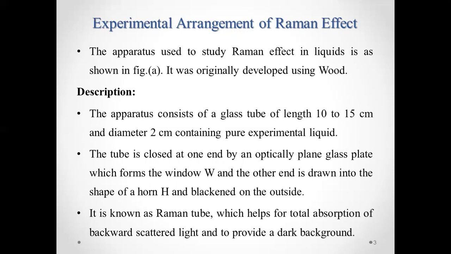The tube is closed at one end by an optically plane glass plate, which forms the window W, and the other end is drawn into the shape of a horn H and blackened on the outside. It is known as the Raman tube, which helps for total absorption of backward scattered light and to provide a dark background.